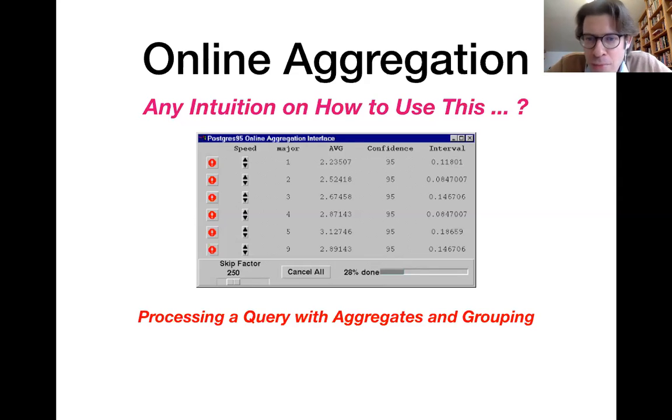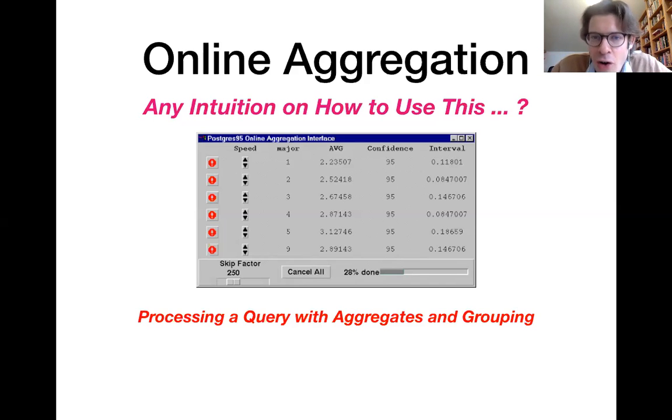Perhaps for some groups, for instance, for the second row, I have a pretty small confidence interval. So I could say that maybe I have seen enough. I know pretty well what the average looks like. I want to focus on refining the approximation for the other groups, right? So this is continuously refining the approximation, and it is giving me as a user some choice in what is prioritized when refining the approximation.